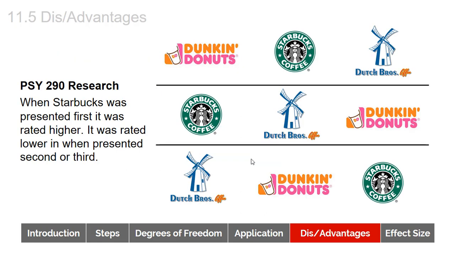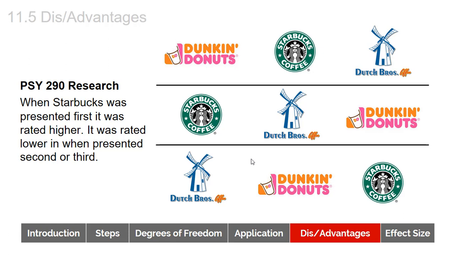For example, this is a PSY 290 research study asking people to rate these companies: Dunkin' Donuts, Starbucks, and Dutch Brothers. It was found that Starbucks was rated higher when it was presented first. But when it was not presented first, it was rated lower.